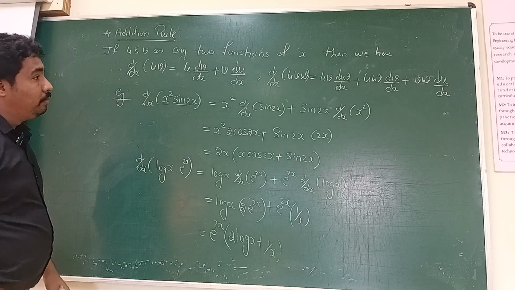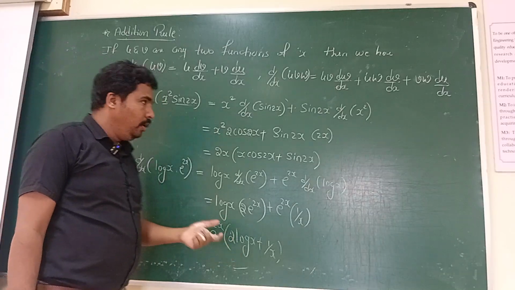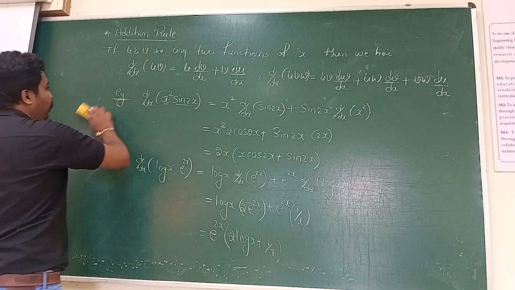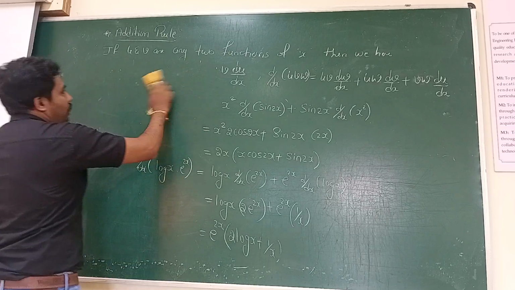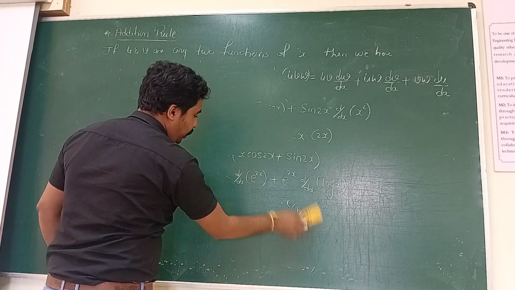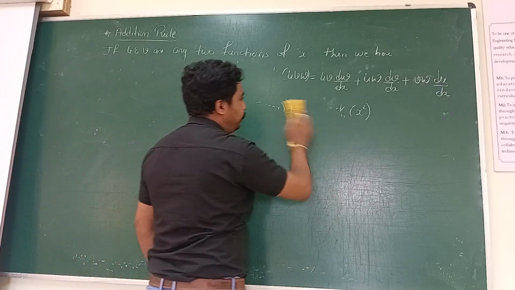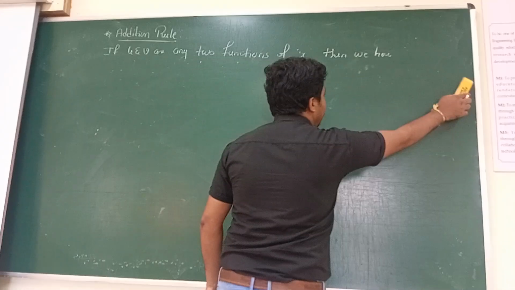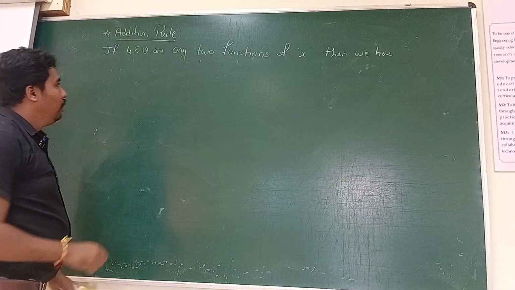Now we will move on to the last rule, that is the division rule. Again, I am considering two functions u and v, any two functions of x. Then what does the division rule say?